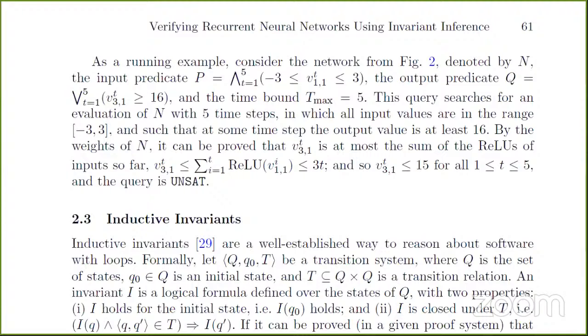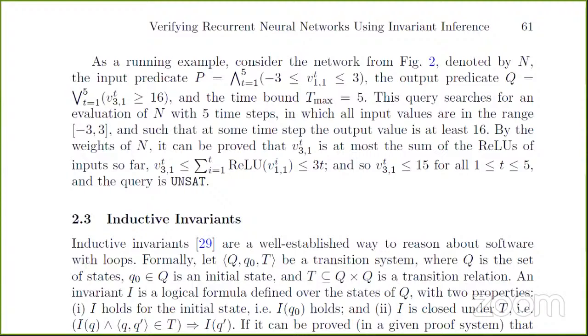Okay, so the network we have already, right? The one that we had seen. Okay, so let's look at some preconditions. So here there's a precondition of this form. What does this precondition say? This precondition says that look, the input at the tth time will lie between -3 and 3. Okay, this is what this constraint says.